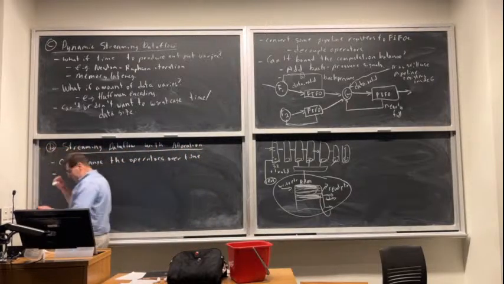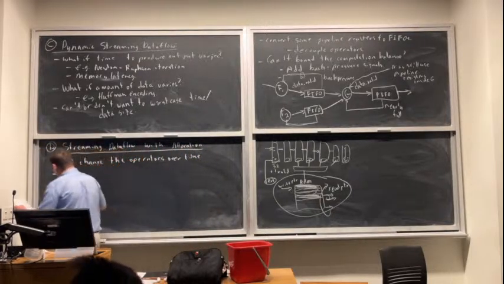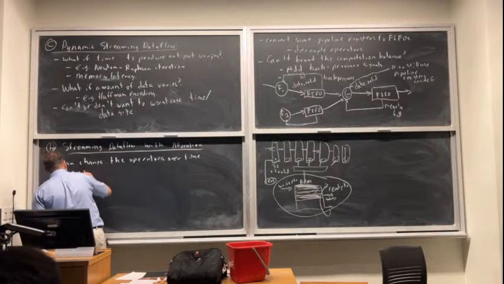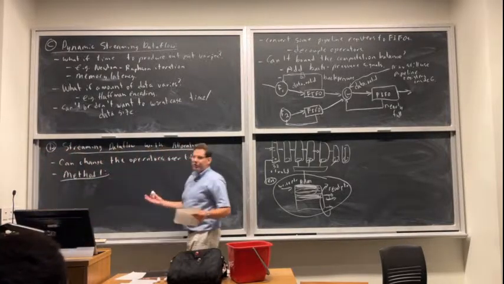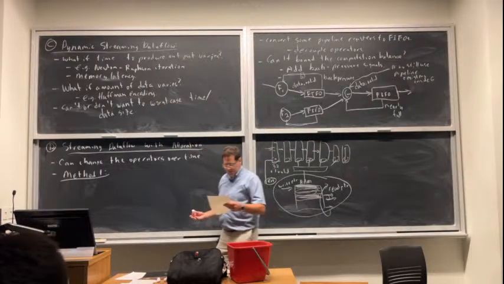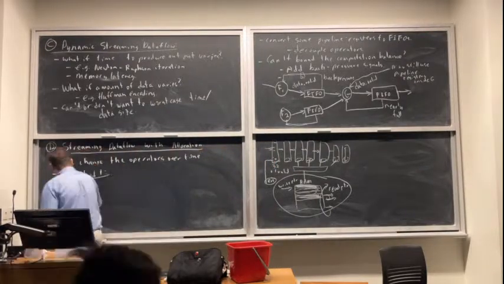Okay, and there's two basic ways you can do this in an FPGA. So method one's maybe the more obvious one. Method one is you build a more flexible operator, so you put some extra control in it.